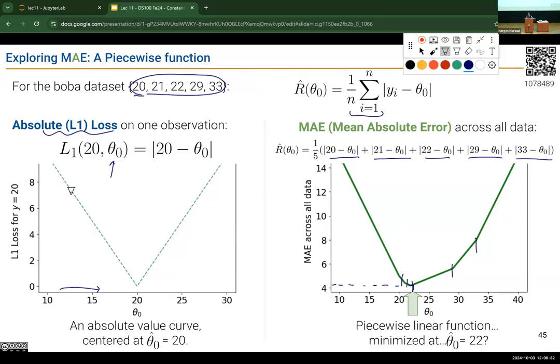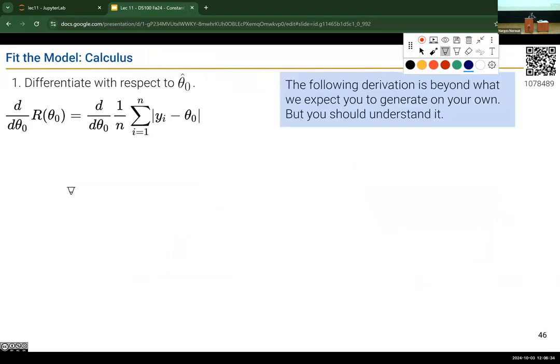Okay, so let's take a look. We know what we should do. We use our calculus. We write this function. The first step is taking the derivative of this function, which is this coefficient of 1 over n times the summation of these L1 losses. We know that the first step is that we can turn it into the summation of those derivatives.